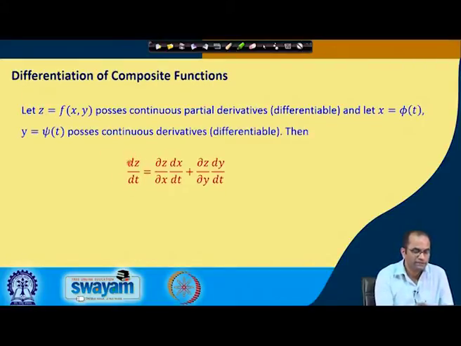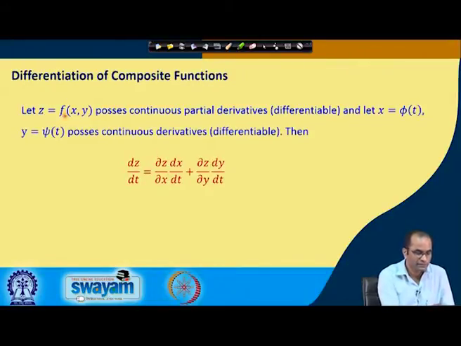This is the ordinary derivative of z with respect to t, which makes sense now because x and y are functions of t, so z is a function of t alone. The formula says that the ordinary derivative dz over dt is equal to the partial derivative of z with respect to x.